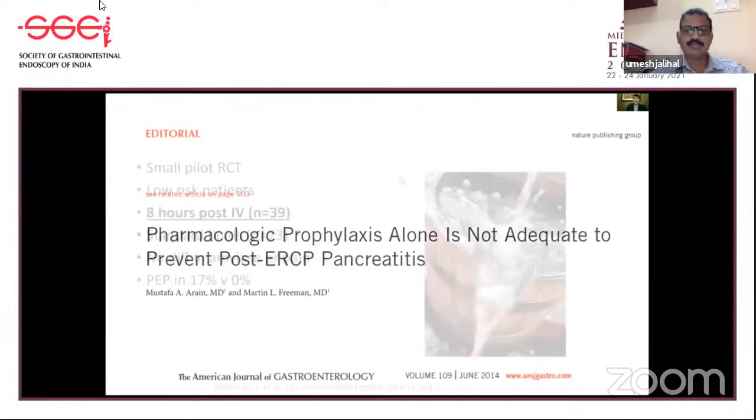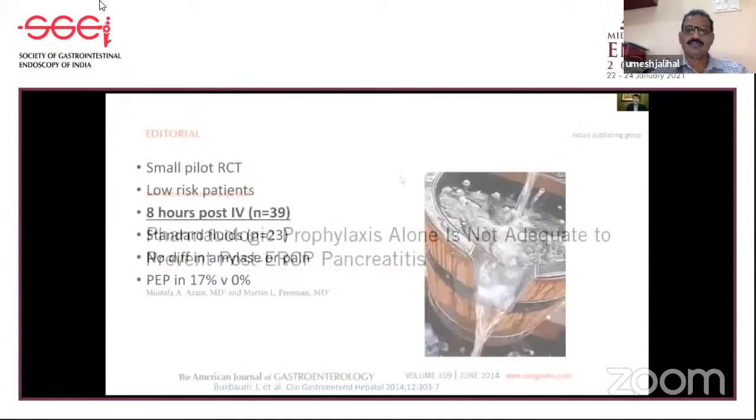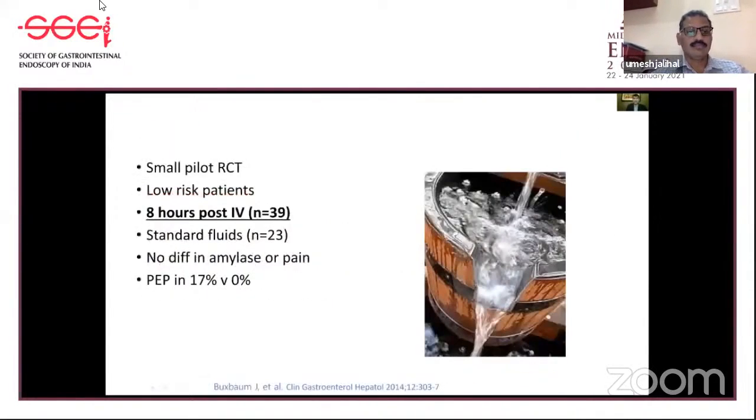How about fluids? I started off with a small pilot study that looked at 8 hours of fluid administration post-procedure, versus standard fluids, in 23 patients. And it showed that post-ERCP pancreatitis, when you actually give more fluids, is almost zero compared to 17% in the standard group.